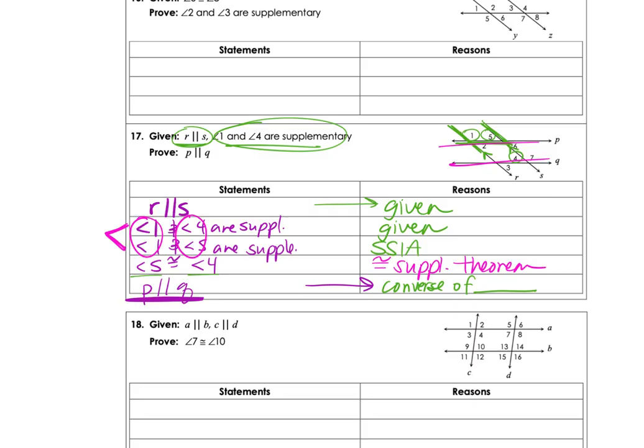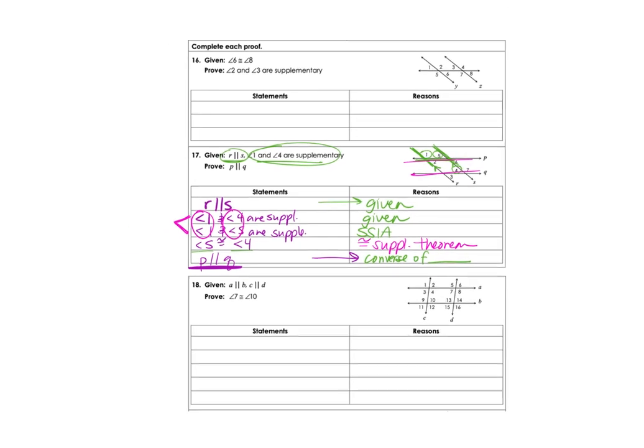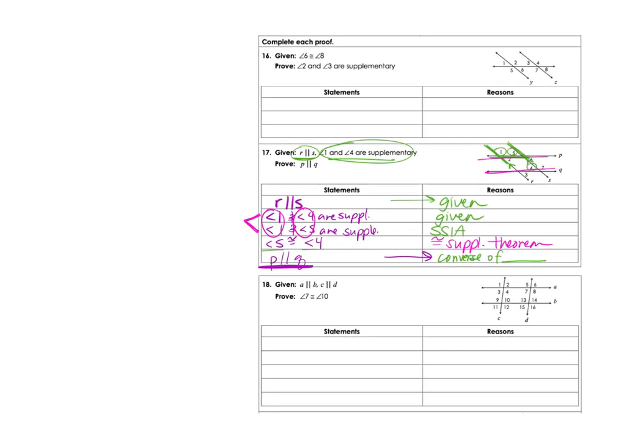As far as the test goes with proofs, let's just think through some of the things we do a lot. If there are angles that look like this, those are vertical angles, right? If there are parallel lines and you've got different types of angles, alternate interiors, same side exteriors, same side interiors, again, vertical, two next to each other that make a straight line, that's a linear pair.